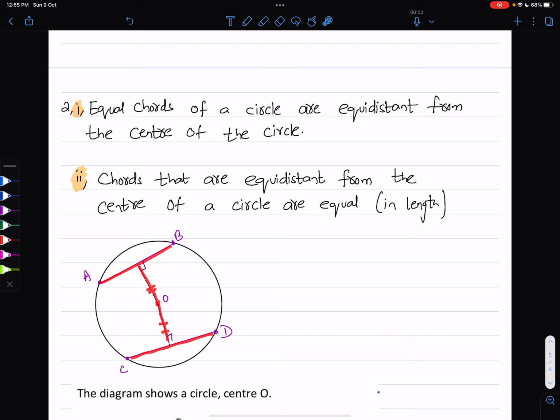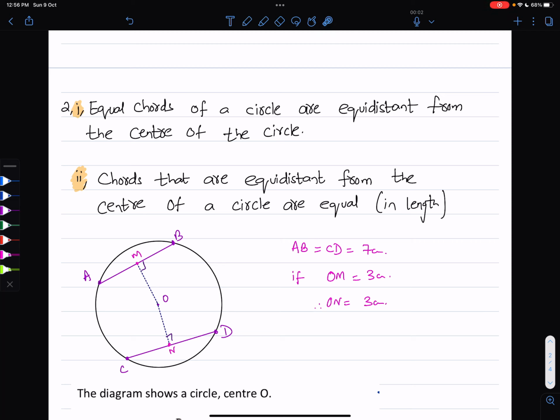So for example, if AB and CD are equal in length, let's say 7 centimeter, and you know that OM, the distance of chord AB from the center of a circle, is 3 centimeter, then the distance of chord CD should also be the same 3 centimeter. That is what the second property is.